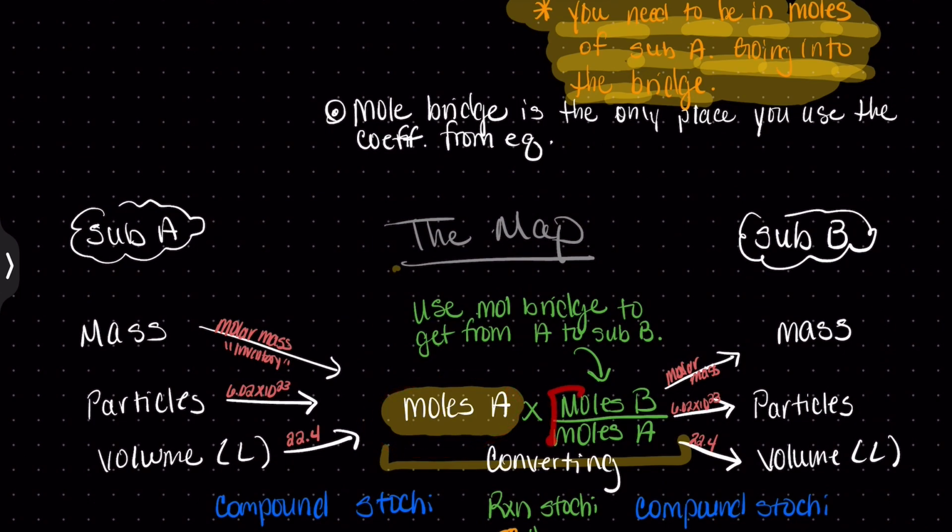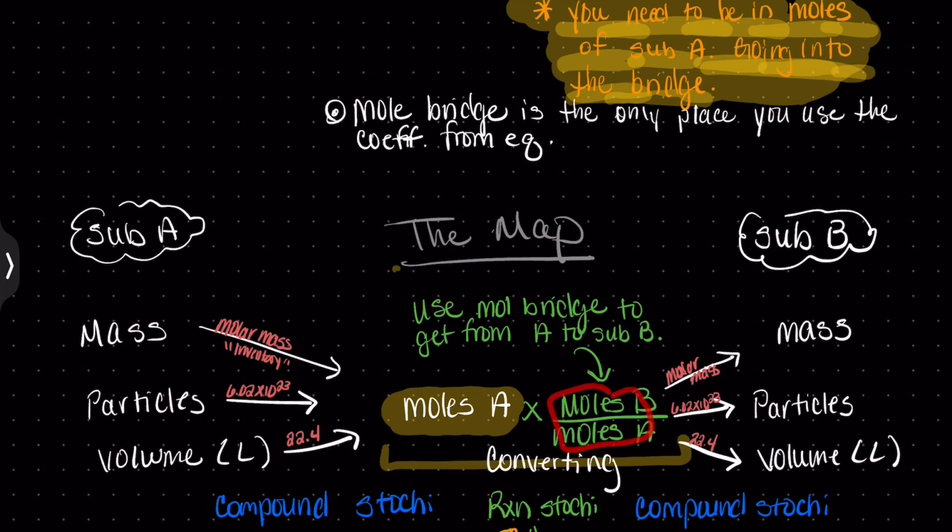Right here is where we start to build a bridge. This whole part right here is where we're starting to convert from substance A into substance B. This is where we start to use your molar bridge and your molar ratios found from the coefficients from your balanced chemical equation.